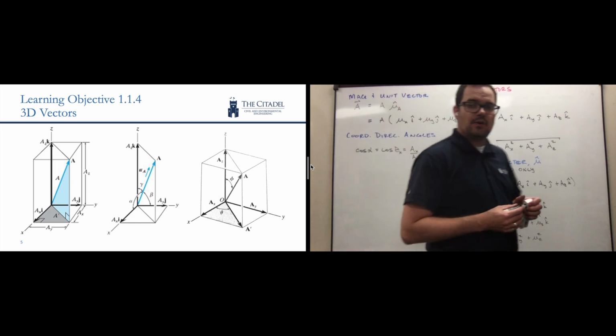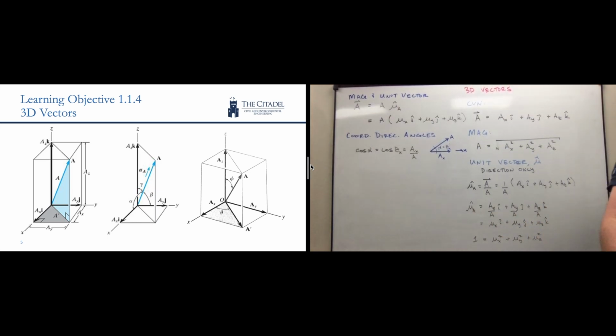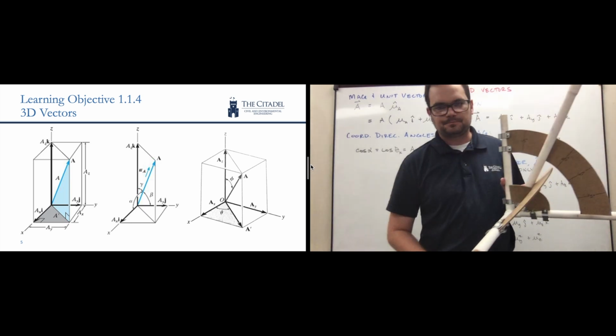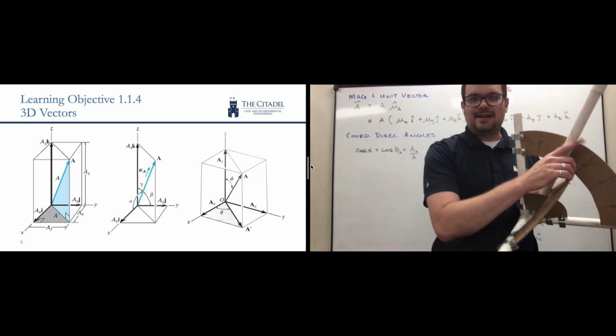That's kind of a neat thing. If I know Ax and I know A, I can do the inverse cosine to come up with the angle. Now, you might be saying, Dr. Wood, you've drawn some math on the board, but I don't quite see this 2D slice that you're talking about yet. Well, let's look at our 3D model that I have right here. Again, we use our right-hand rule. Here's my x-axis. Here's my vector.